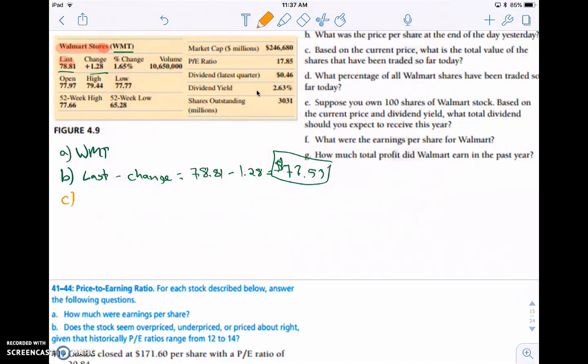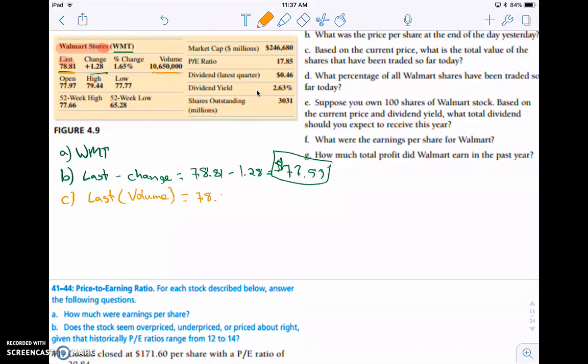Okay, part C. Based on the current price, so again, current price last, what is the total value of shares that have been traded so far today? The way we're going to do that is we're going to look at the current price, again up there, the last of 78.81. And we're going to times it by how many shares were traded today, which is the volume of shares. Okay, and the volume is right there. So 10.65 million shares have been traded.